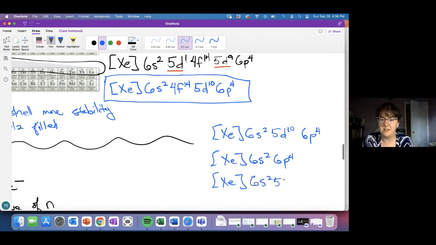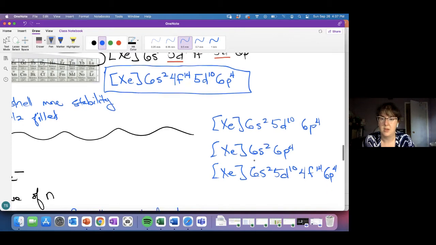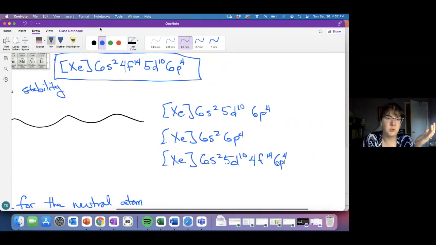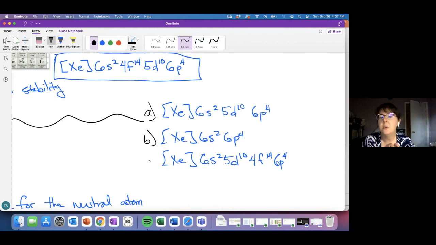We'll go ahead and put the 5d first. Why not? 4f14, 6p4. So granted, I know there's only 3 options and we would give you more than that, probably changing up the noble gas. But essentially, we're not going to vary this portion.